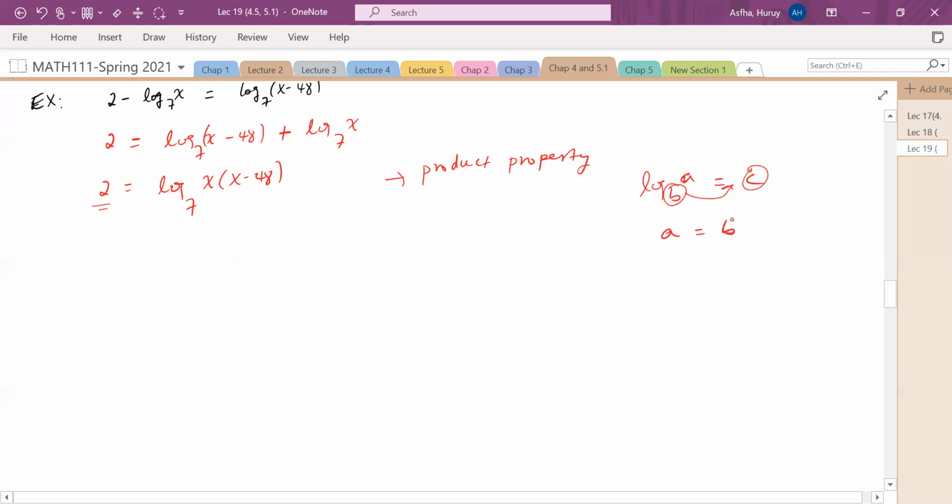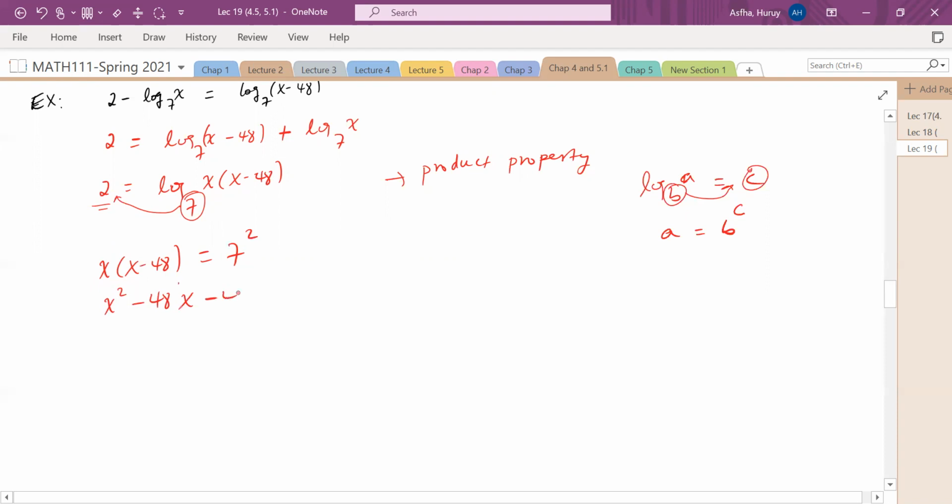If we do the same here, 7 is the base, so we bring it here, and 2 will be the exponent. The logarithm will disappear, so we have x times (x minus 48) equals 7 squared. And we distribute this, we get a quadratic equation.